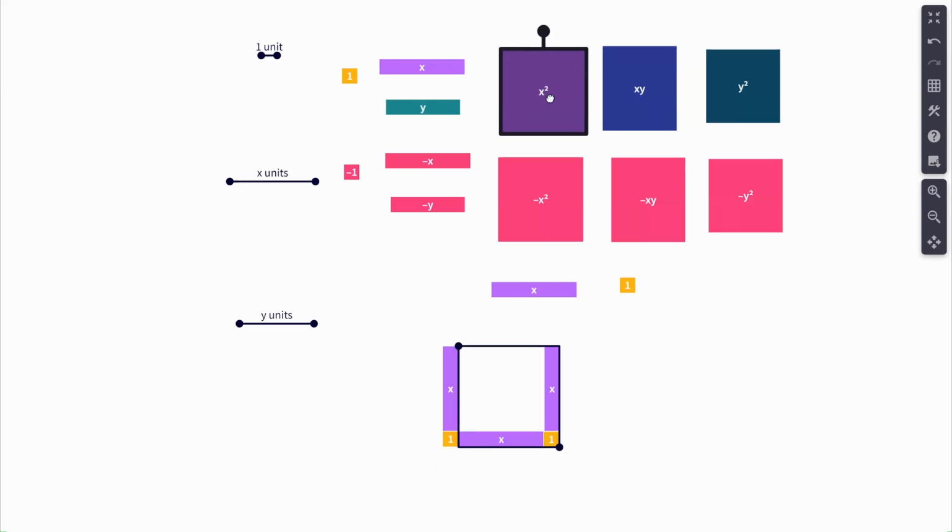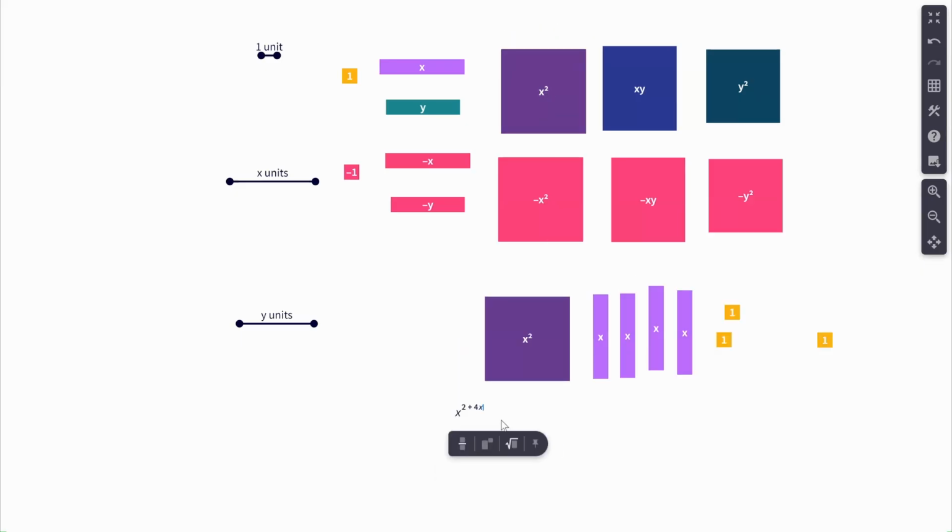Now if I want to subtract 2x from x squared plus 4x plus 3, I'm going to take that whole thing and subtract 2x. Subtraction we can either think of as taking away, or we can think of as adding the opposite, and they both work.